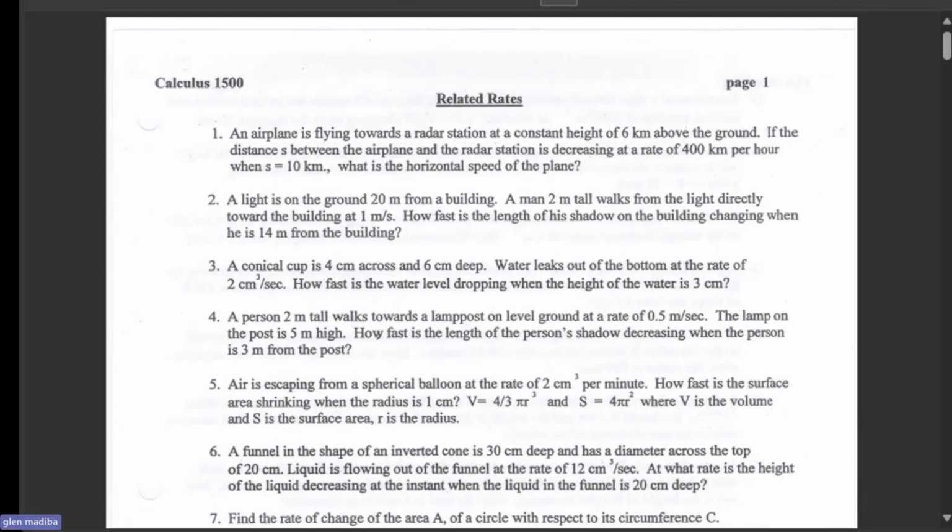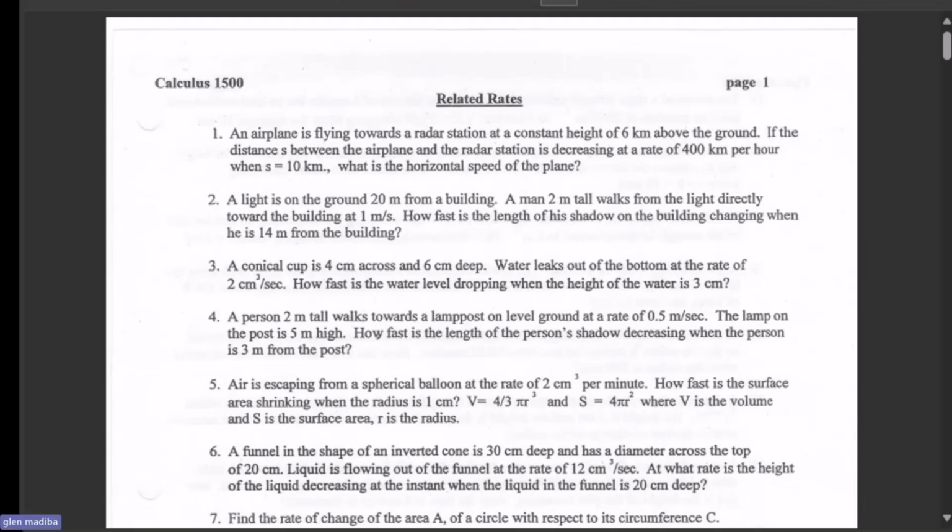If the distance S between the airplane and the radar station is decreasing at a rate of 400 kilometers per hour, when S, which is distance, is equal to 10 kilometers, what is the horizontal speed of the plane?